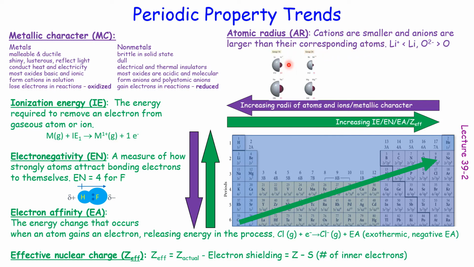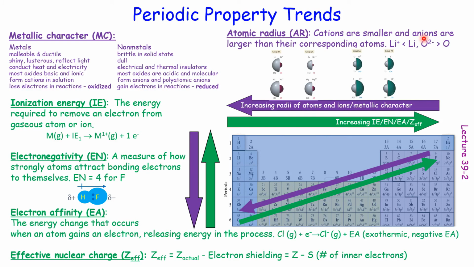For example, you see the ones on the right-hand side, those are the ions, and the larger ones on the left-hand side, the gray ones, are the corresponding atoms. Cations are always smaller than their atoms. For example, lithium plus is smaller than the lithium atom.